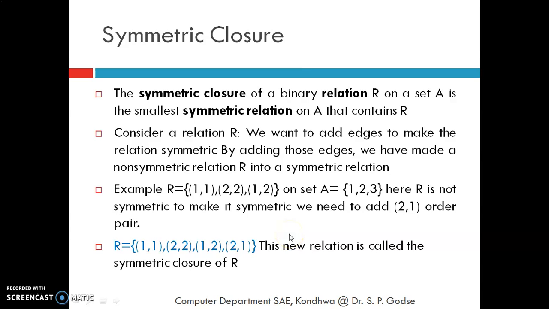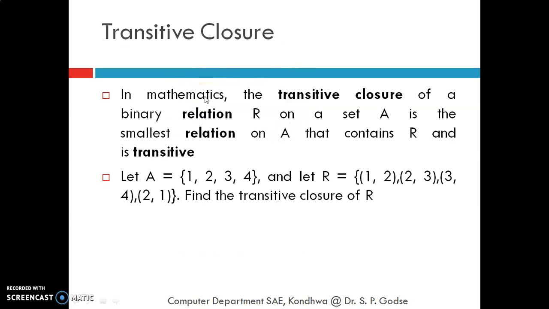To make it symmetric, we need to add the ordered pair (2,1) into relation R. After adding (2,1), this new relation is called the symmetric closure of R. Here also extra pairs are not added, only the essential pair which makes the relation symmetric is added. That's why it is called the smallest symmetric relation, and that is nothing but the symmetric closure of the given relation R. Then the last one is transitive closure.